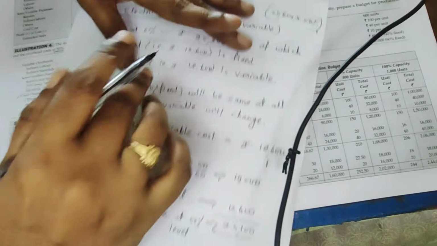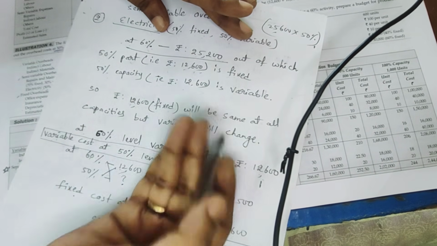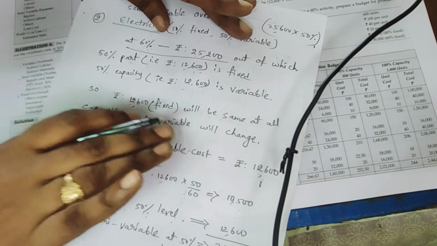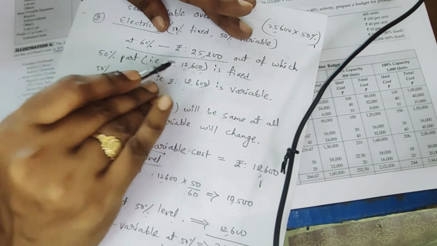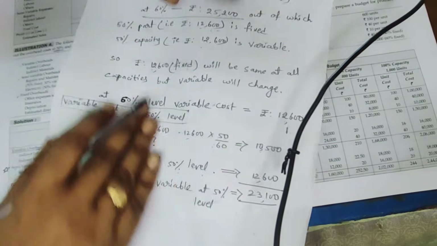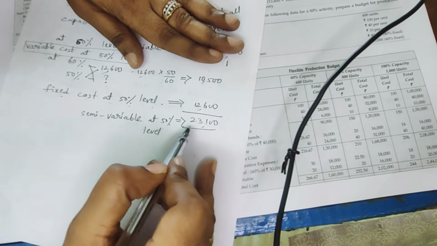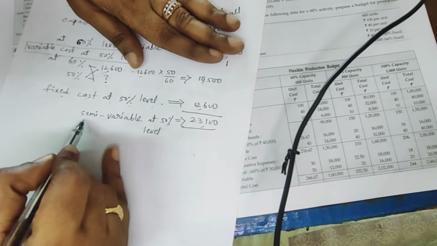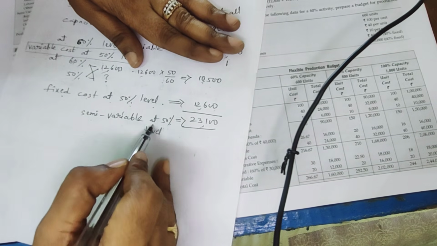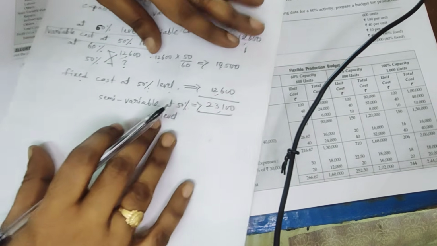At 60% level, our fixed cost is 12,600. At 50% level also, the amount will be 12,600 only, because fixed will not change if capacity changes. Take the total, we'll get 23,100. The total should be called semi-variable at 50% level.